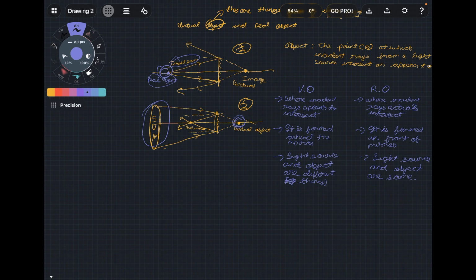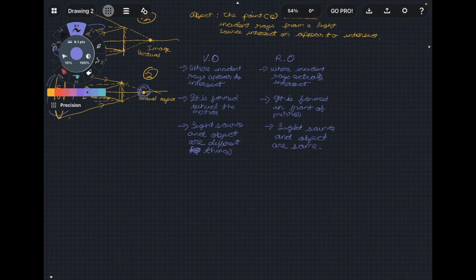And if you notice here, I told you this before too, the light source is smaller than the mirror and thus diverging incident rays are incident onto the mirror, which gives rise to a real object. And here, since the light source is larger than the mirror, converging incident rays are incident onto the mirror, giving rise to a virtual object.